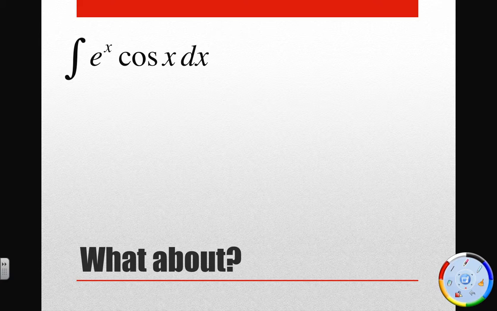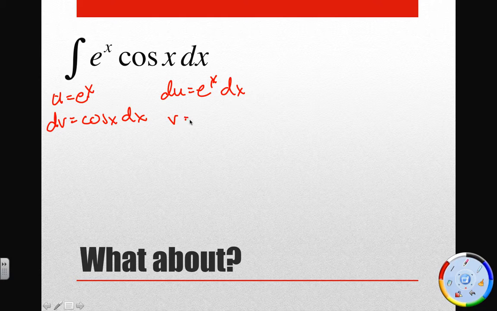Okay, this one's kind of an interesting one. If you look at LIPET, e exponential comes before trigonometric, so that means u is equal to e to the x, and dv is cosine x dx. So the derivative of u is e to the x.